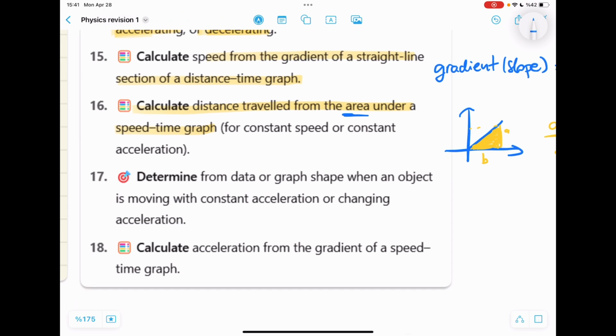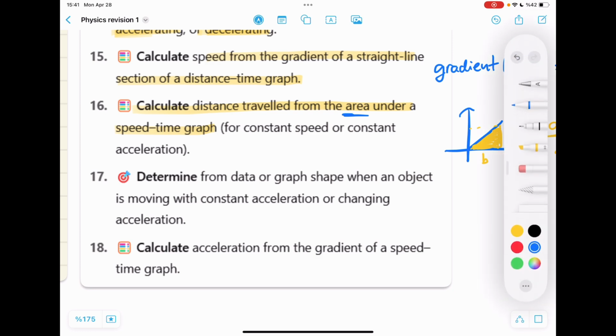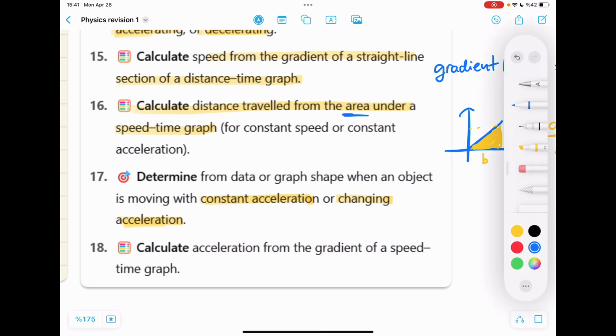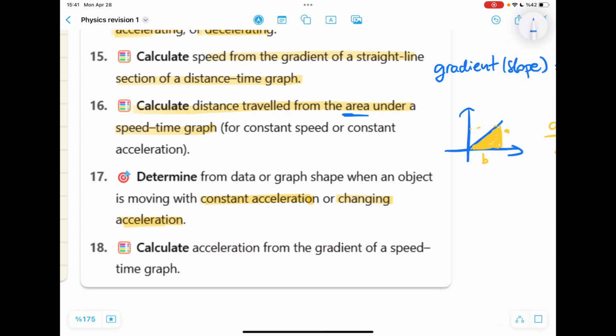Determine from data or graph shape when an object is moving with constant acceleration or changing acceleration. When we have constant acceleration and changing acceleration, they look different in a speed time graph compared to a distance time graph. So constant acceleration, I'm going to draw it here.